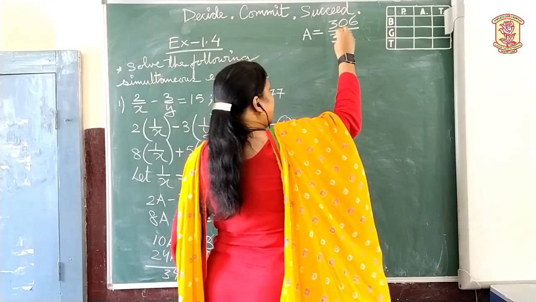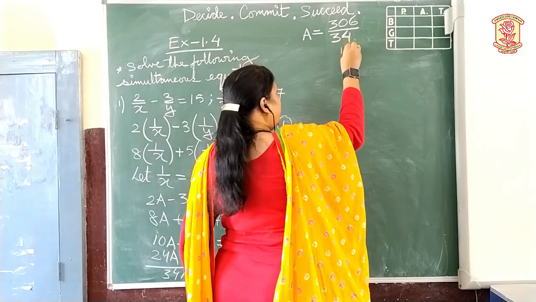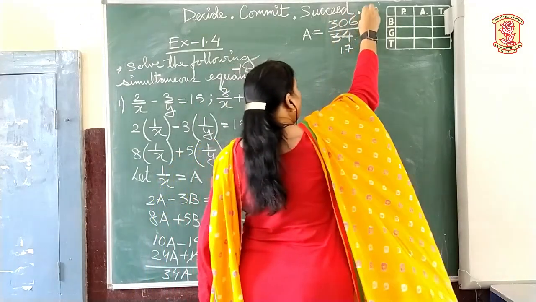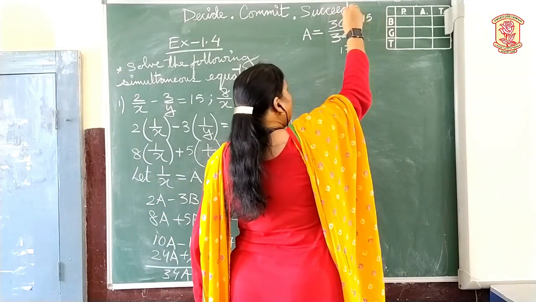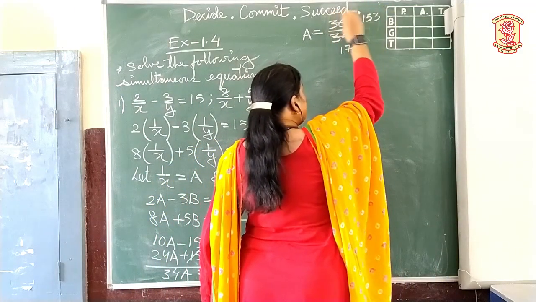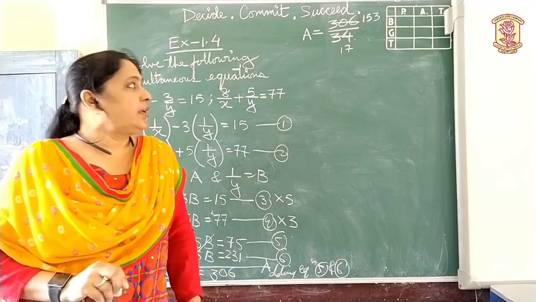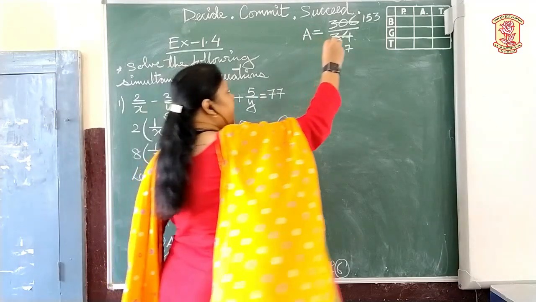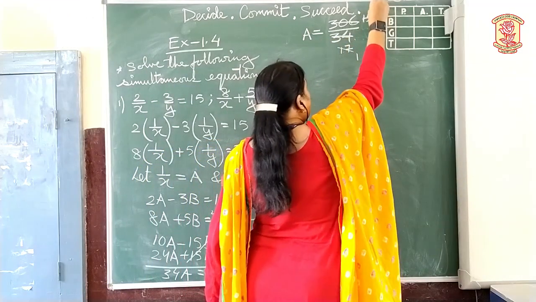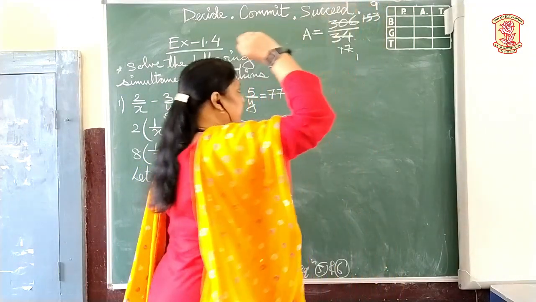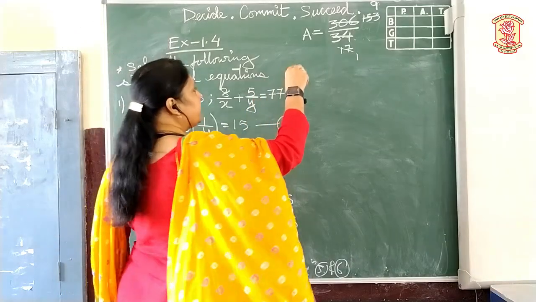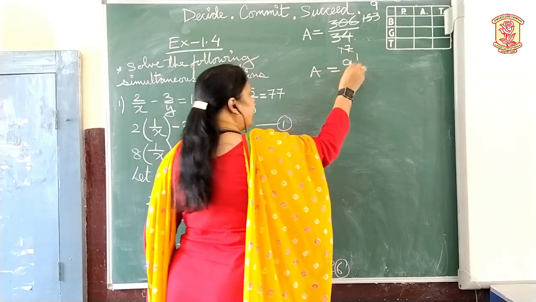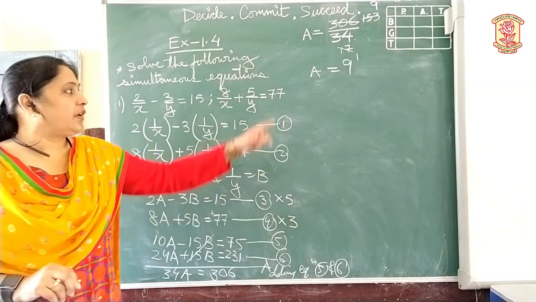First we'll cancel by 2. 2 1s are 2, 2 7s are 14; 2 1s are 2, 2 5s are 10 and 2 3s are 6. Now here 17 1s are 17 and 17 9s are 153. So here the value of a is going to be 9. So we got the value of a.